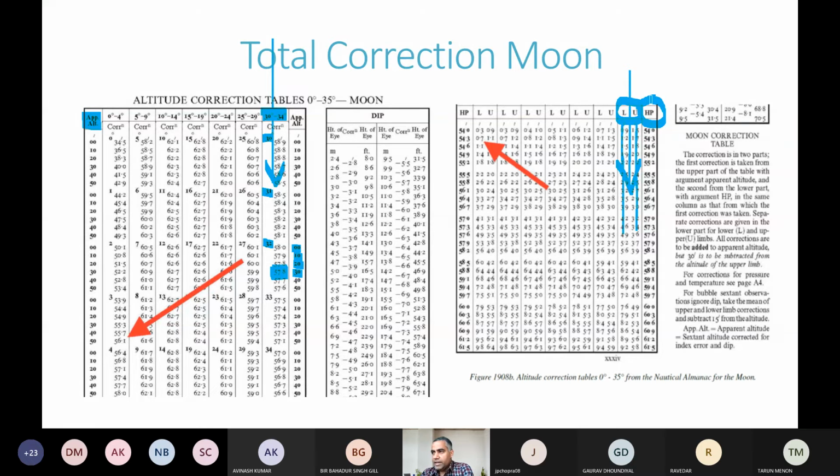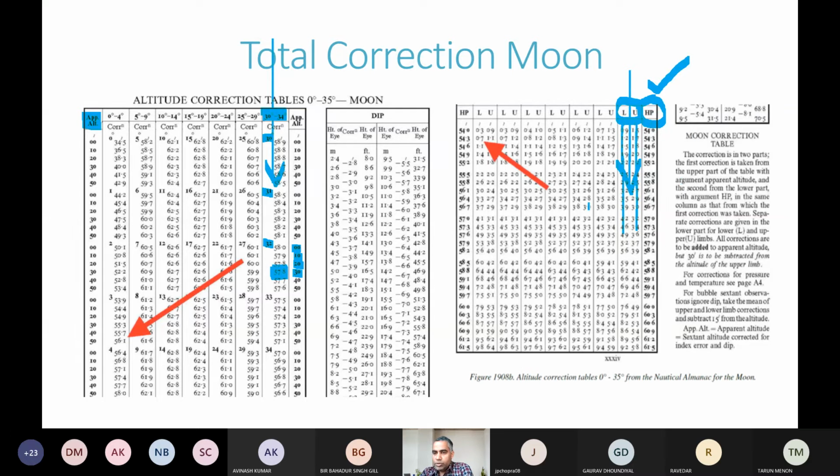Now, if you measure that angle when the body is horizontal, or you can say the body is on your sensible horizon, in the same plane as the eye level of the observer, that time, if you measure the parallax of the body, it is the maximum parallax which the body can attain. So that is known as the horizontal parallax.